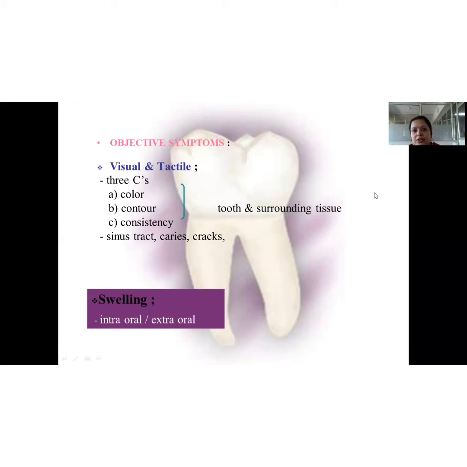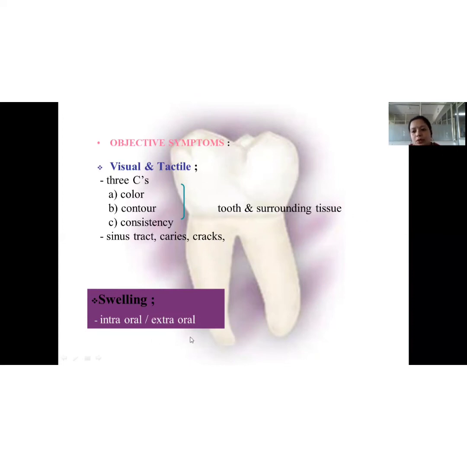In color, any color change, like a reddish color occurs in normal healthy gingiva. Contour of the gingiva may change, or consistency, like fluctuant swelling is present on the tooth and surrounding tissue. Any sinus, caries, or cracks present in the tooth, we can visualize that and we can feel the thing.